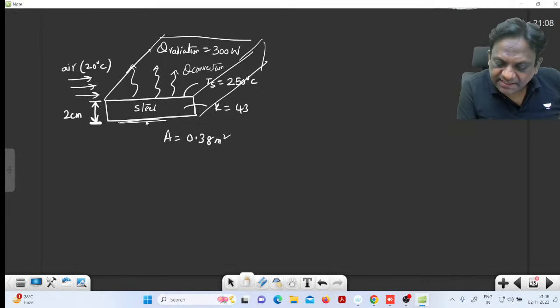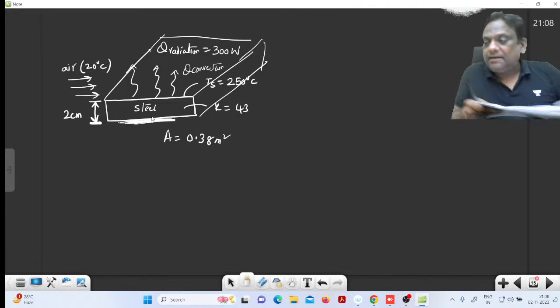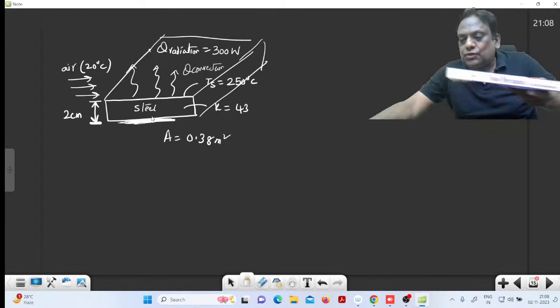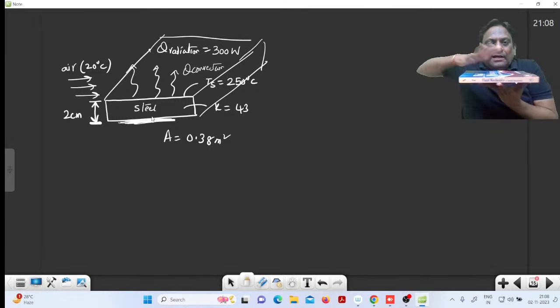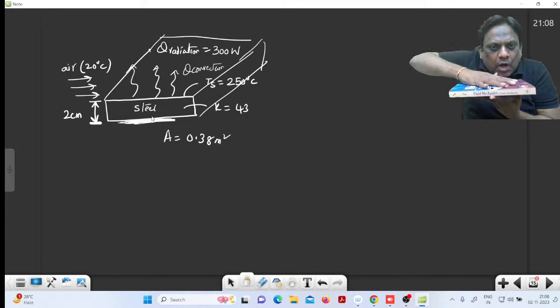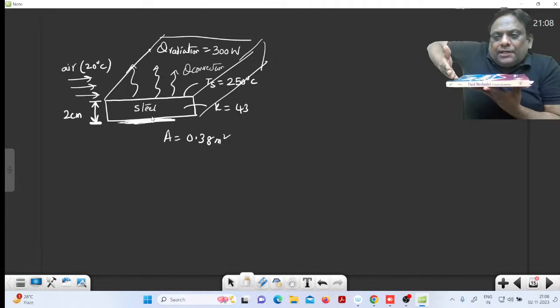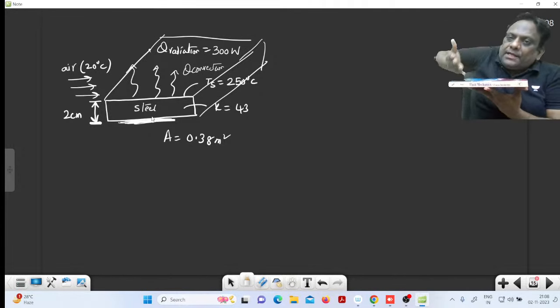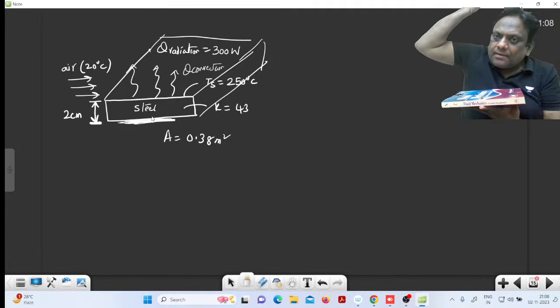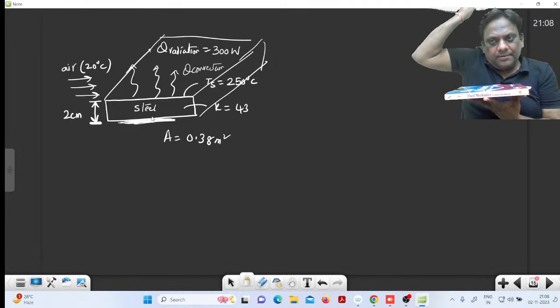Now what is he asking? The inside temperature of the plate. ध्यान से सुनो सर. Question सुनो सर. Let me explain. The top surface is at 250 degrees centigrade and it is losing heat by radiation. It is losing heat by convection. बहुत बढ़िया.